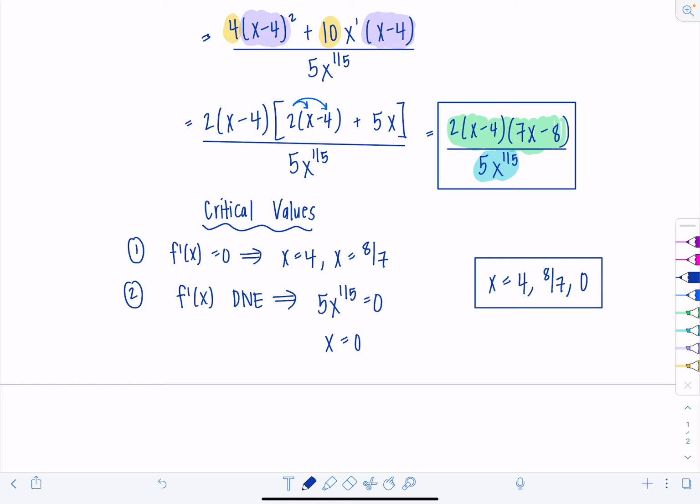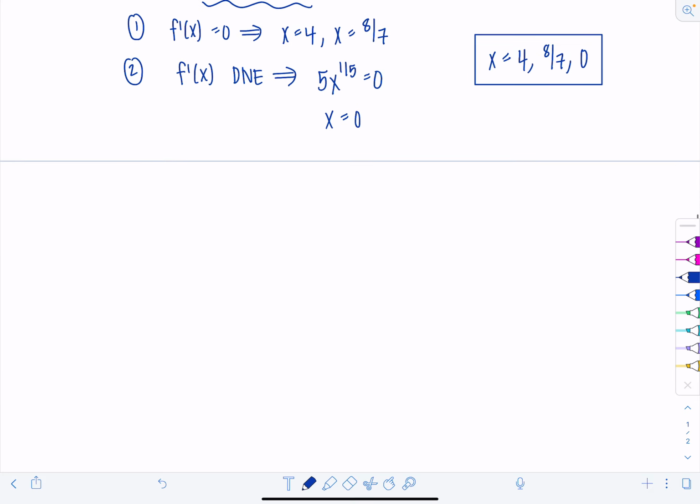Good. Let's look at another example, maybe something a little more spicy. Example 2. This time our function is equal to the natural log of x over x to the 4th. Let us start off by looking at what the domain of this function is going to be.